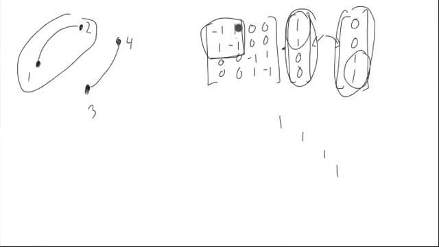So first, let's add these rows together to just get -1, 1, 0, 0, and then notice we get 0, 0, 0, 0. And then if we add the last 2 down there, and maybe replace the bottom one with it, we get something like this, 0, 0, 0, 0. So we end up getting something like this.